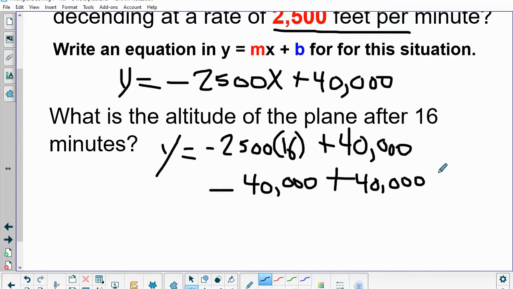If I add those two together, what happens? Well, they cancel each other out. So after 16 minutes, our height y is 0. So what does that mean? Well, that means after 16 minutes, this space capsule has actually landed on the ground.